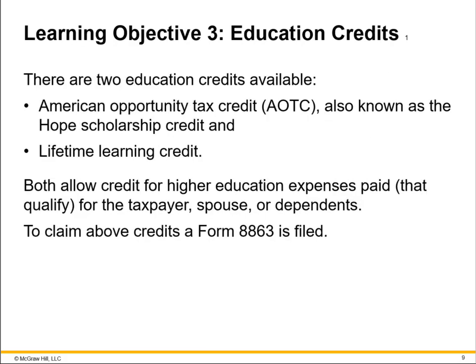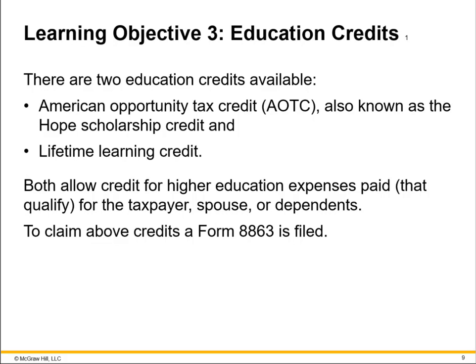There are 2 credits: the American Opportunity Credit and the Lifetime Learning Credit, and we're going to learn them both, but one is far more advantageous than the other. It's a much larger percentage. And again, we're going to look at it as a percentage of what we pay on education.